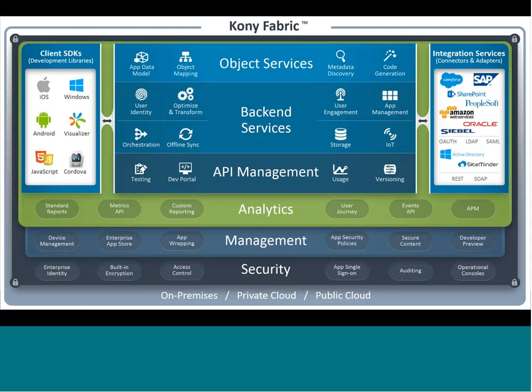Then we process it and have standard out-of-the-box reports for customers to view the performance of their app, or how a user is using the app, or if there is an app crash, when it crashed, what the user was doing when it crashed, what the CPU was, what the storage was. All this kind of data is gathered from the application, and we give some out-of-the-box reports. And if you need more customization, we also have the capability of custom reporting from the analytics perspective.